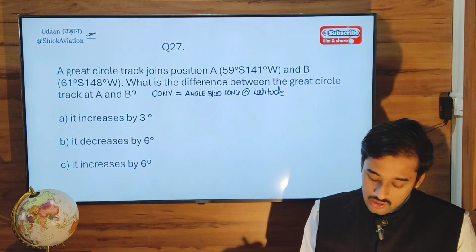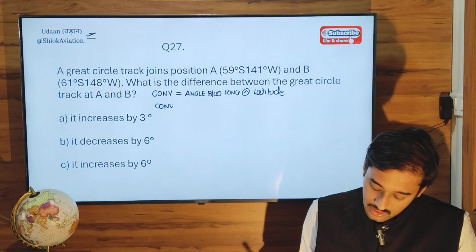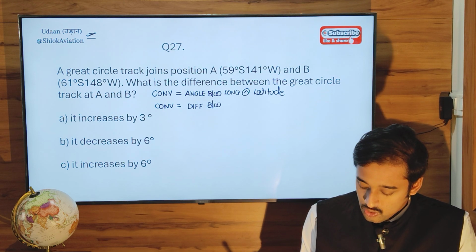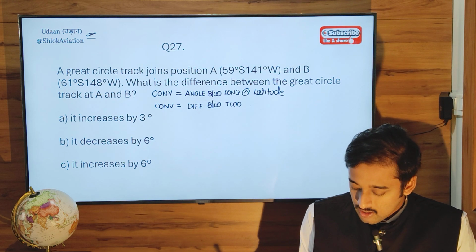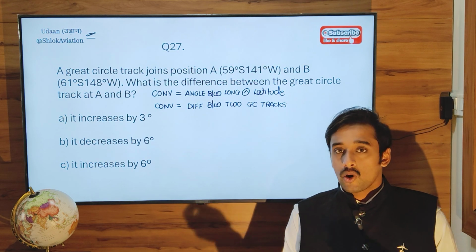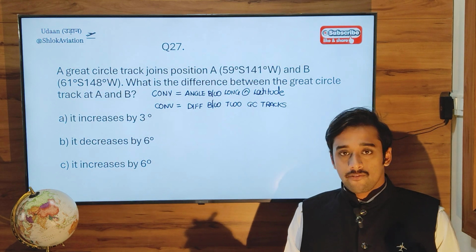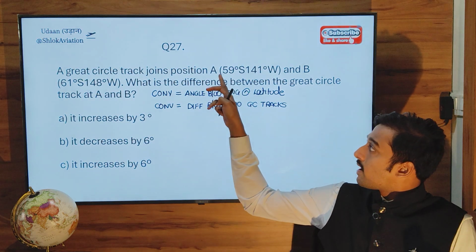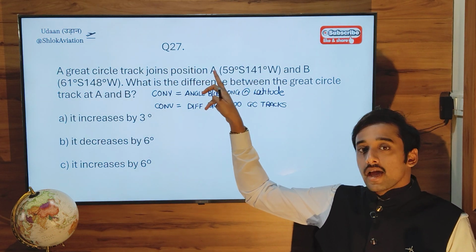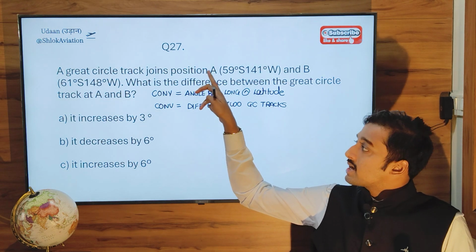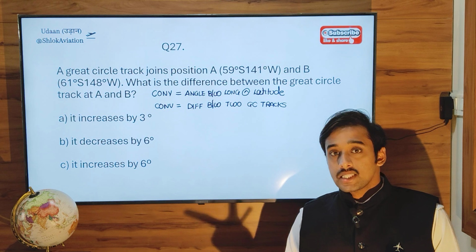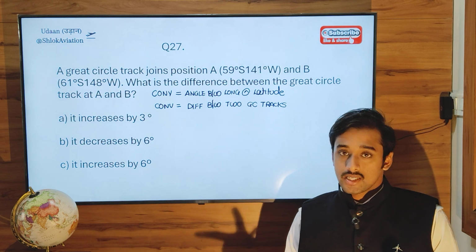But convergency also means the difference between two great circle tracks. So there are two definitions. Now here we want to find out the difference between the great circle track at A at origin and great circle track at B at destination. So the difference between them will be the convergency.